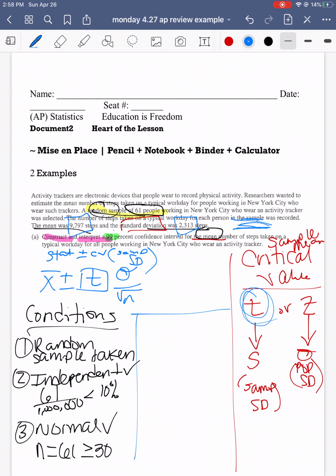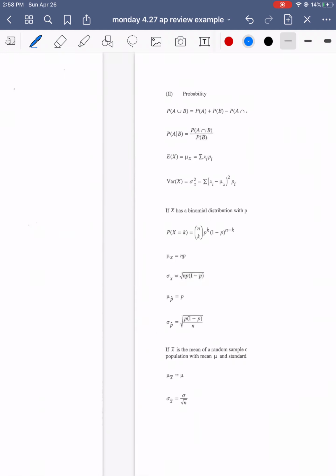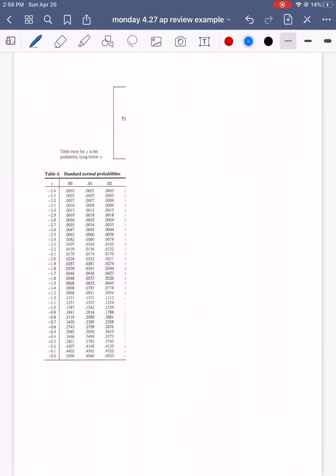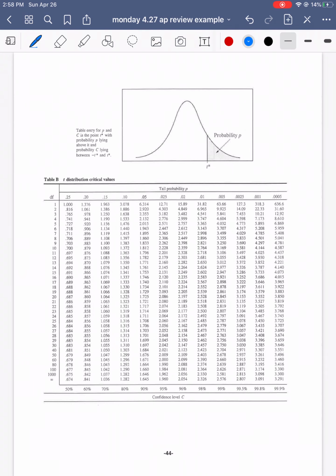So let's look at our x bar here. x bar is the sample mean, which was 9,797 plus or minus my critical value. So now I need to figure out the critical value. Let's go to our T table, since we've already determined that this is a T for the critical value. The two things that I need: one, I need my degrees of freedom; two, I need the confidence level.